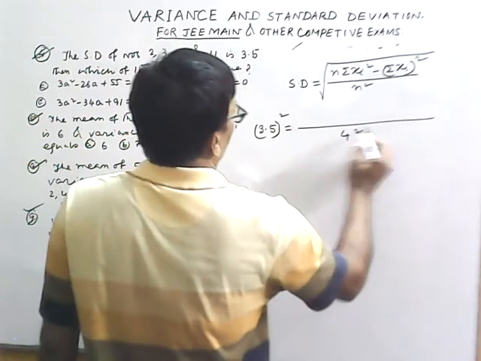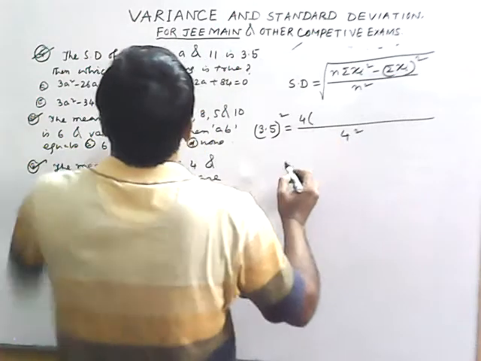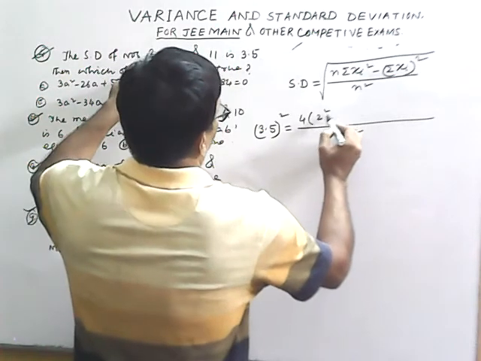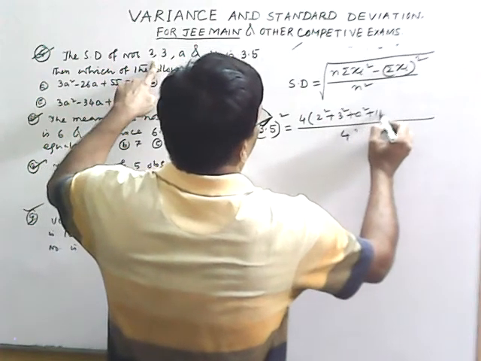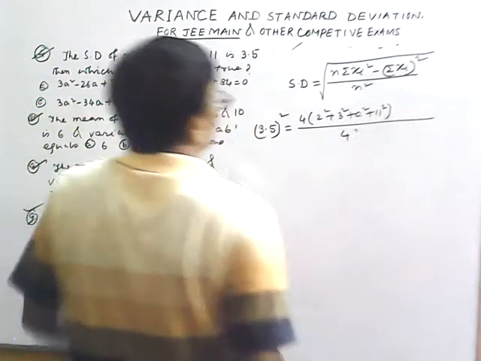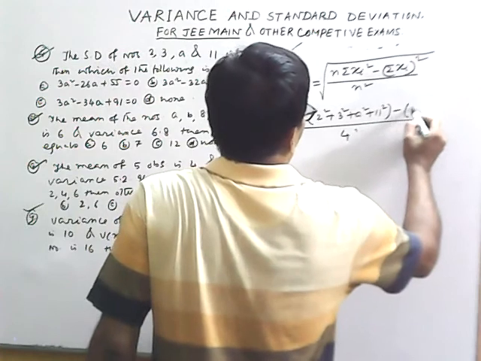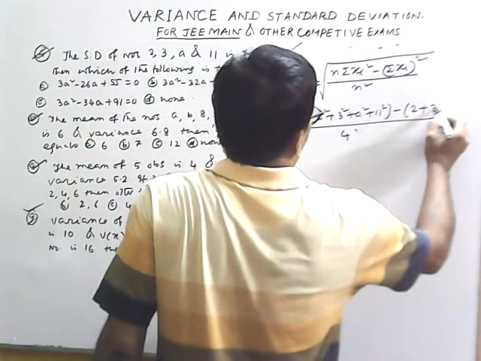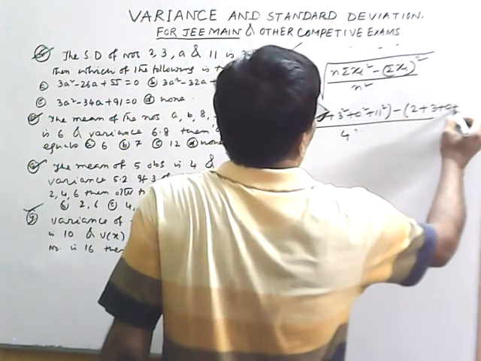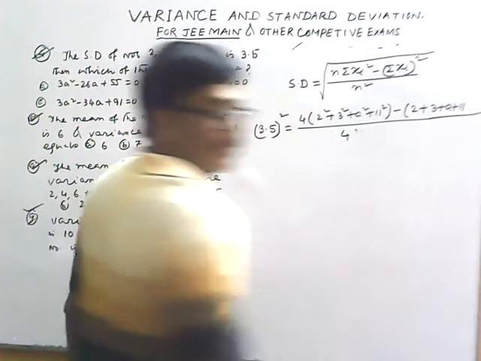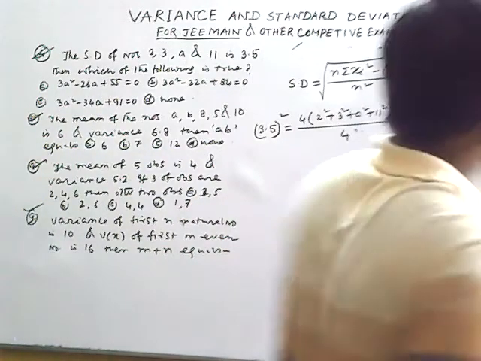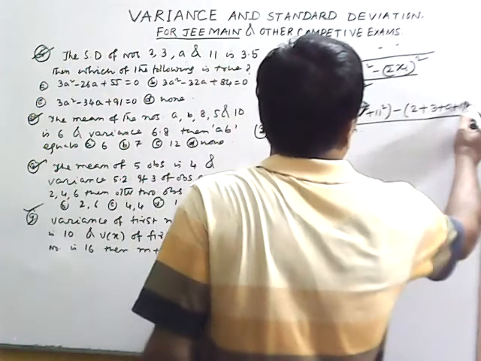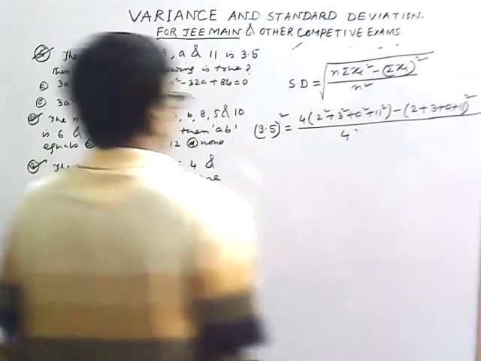So, 4 square. 4 into 2 square, 3 square, a square, 11 square, minus 2 plus 3 plus a plus 11, whole square.